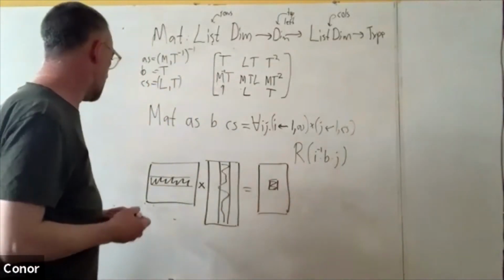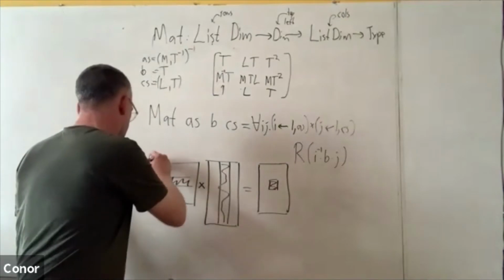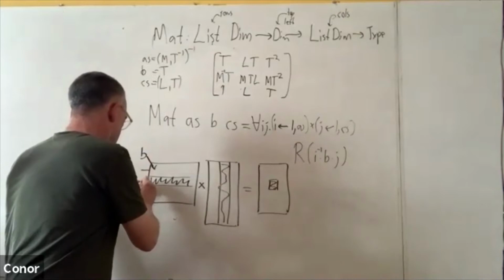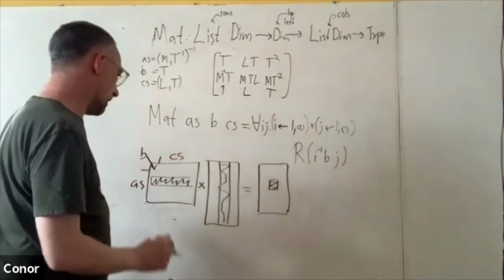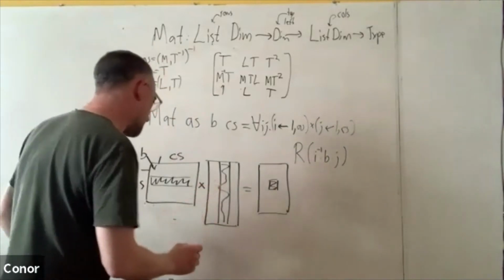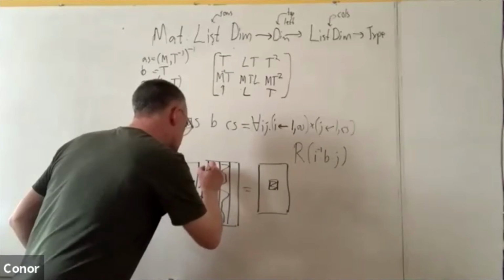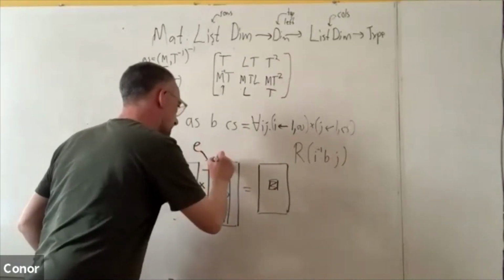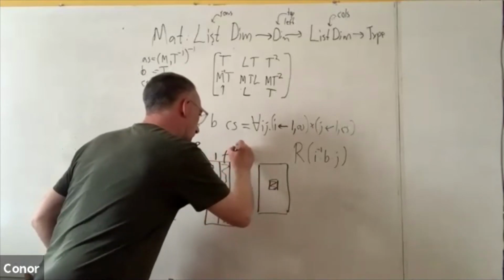And so here, this is B, A's, C's. And I'm going to have some D's down the side here. This is going to be an E. And these are going to be some F's.